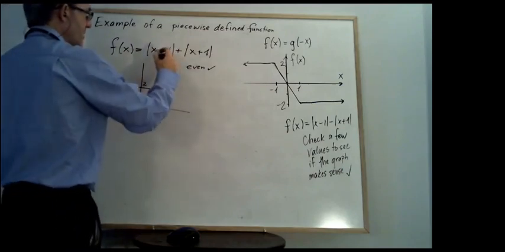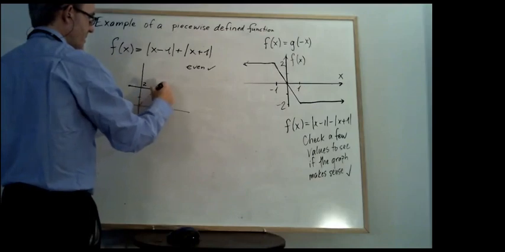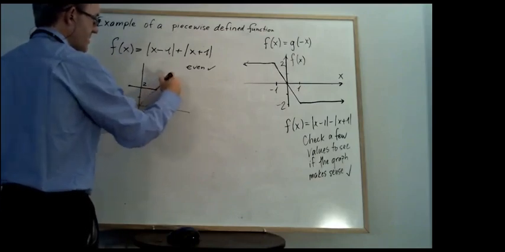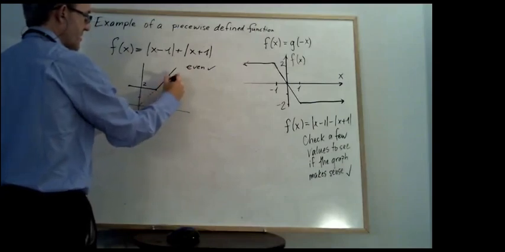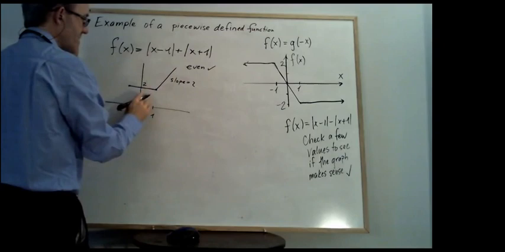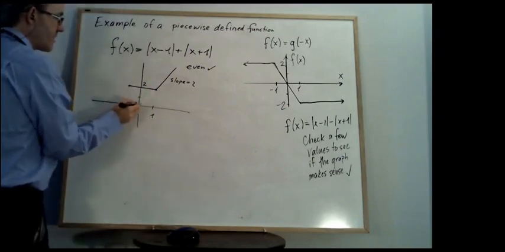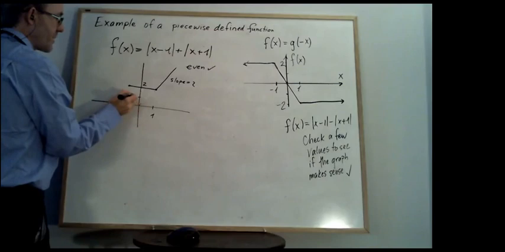Above it, it will be 2x. So it will be the straight line that would have gone through the origin, but it doesn't go through the origin, it's just slope 2. So it starts here and continues on like this. There's nothing on the graph there. And the other one is minus 2x.